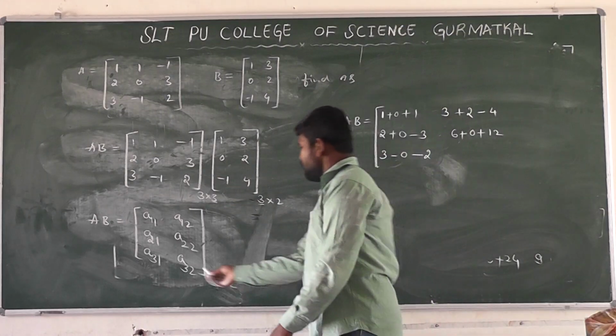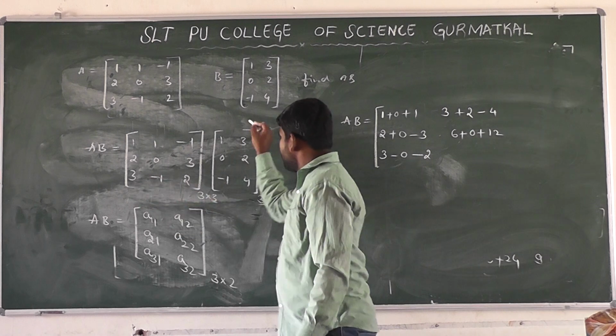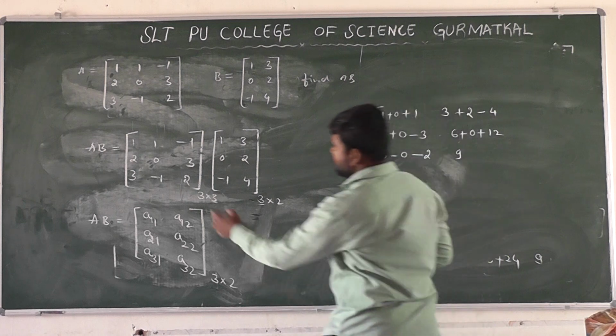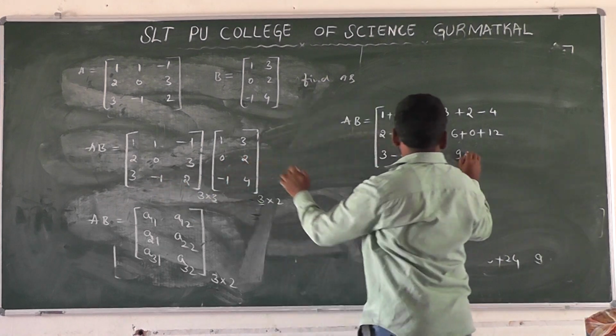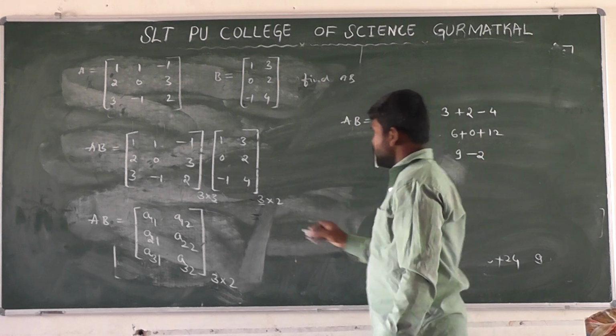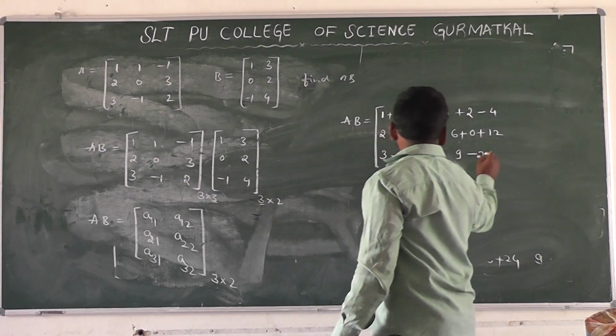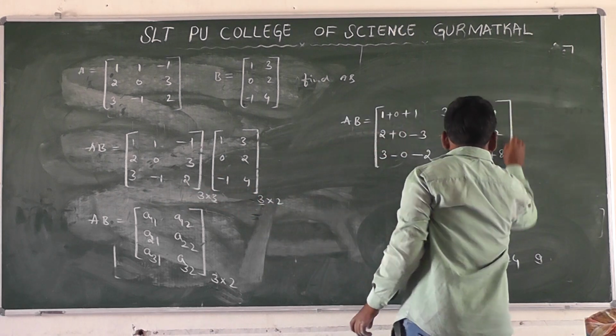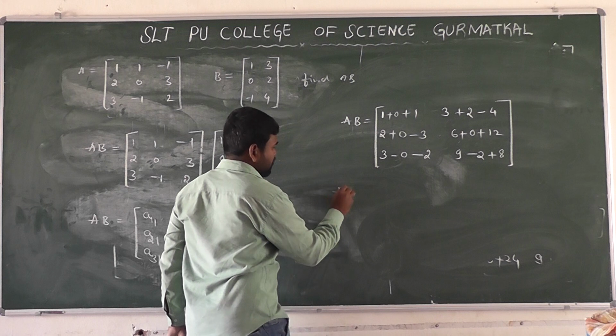It's over. Next, third row, second column. 3 into 3 is 9. Next, minus into plus is minus, 1 into 2. Next, plus into plus is plus, 2 into 4.